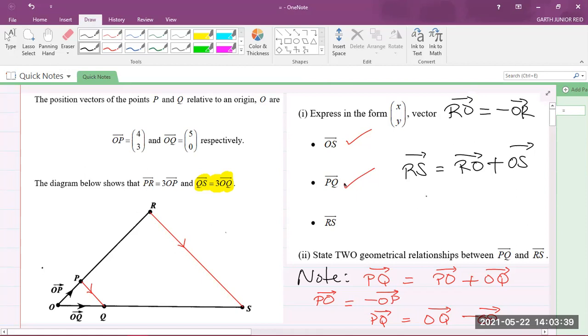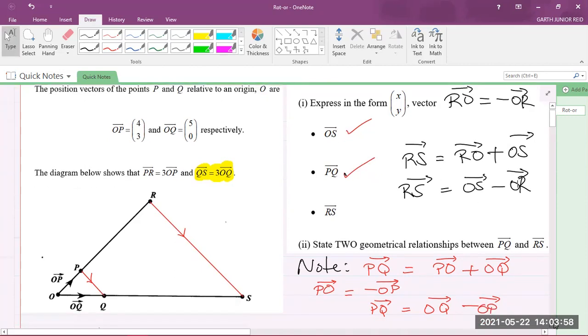The vector RO and the vector OR are opposite vectors. So I could also write the vector RS as the vector OS, and I can replace the vector RO with the negative of the vector OR. Okay? So you should know that.